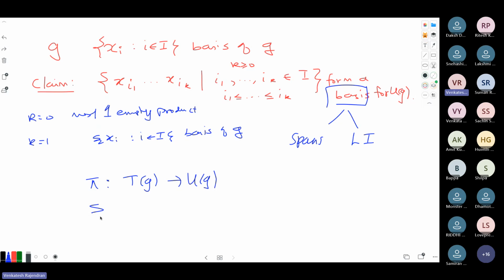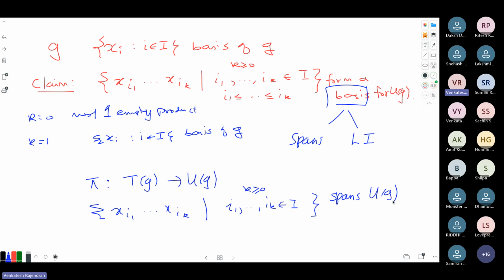So if you just take elements of this form, x_{i1}, etc., x_{ik}, where i1, etc., ik come from I, there is no ordering on these i1, etc., ik. You allow them to be anything. Then this definitely spans Ug, because this spanning set comes from the basis of Tg. So the image of that is this spanning set.